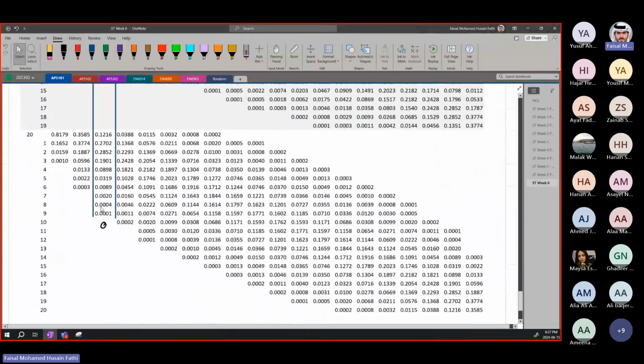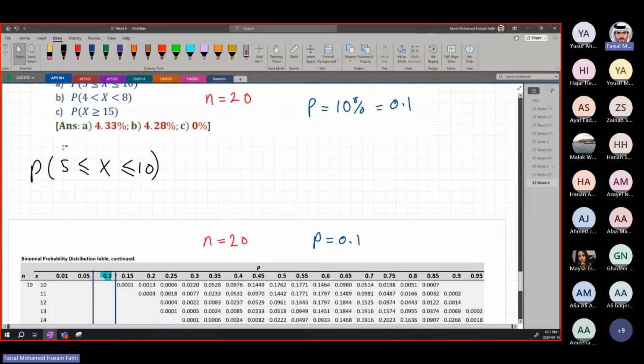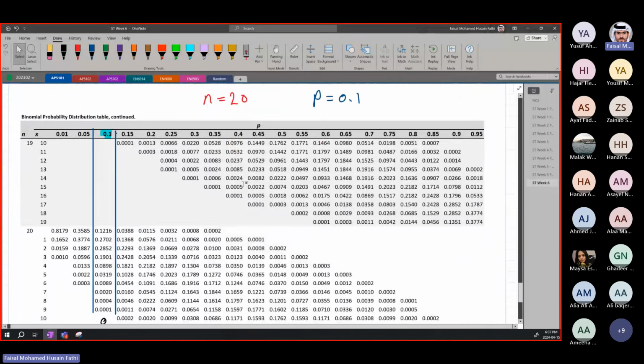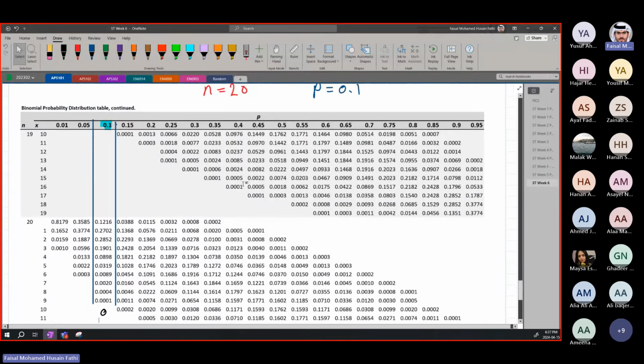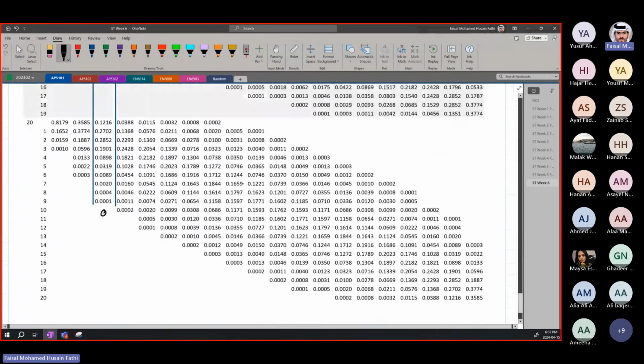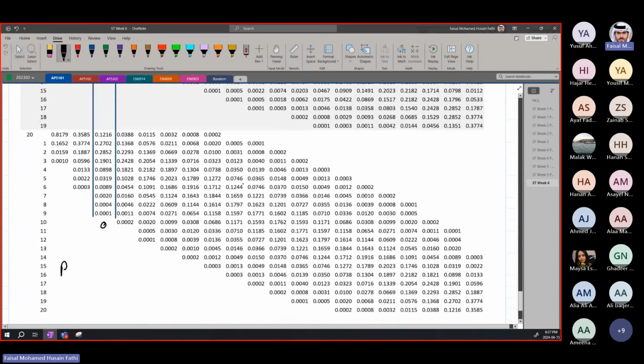So these are the values we have. So what is the question? It's between 5 and 10. It's asking for 5 less than or equal to x less than or equal to 10. So what are the probabilities we need to find? I'm going to write them here. So P of x, actually, let's write it in the question itself.